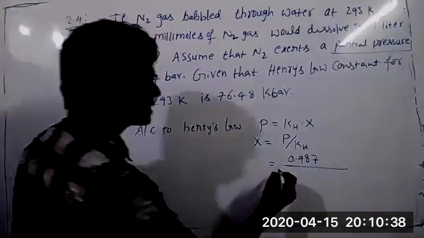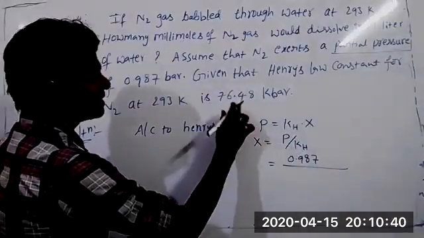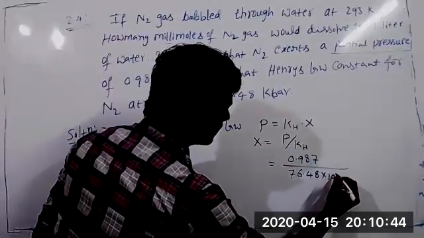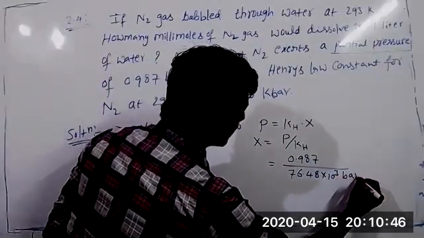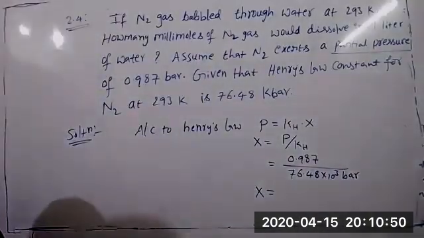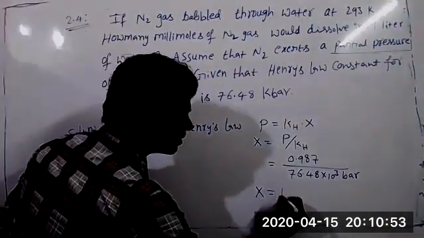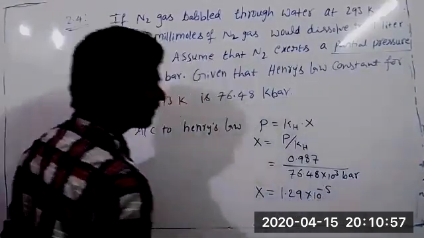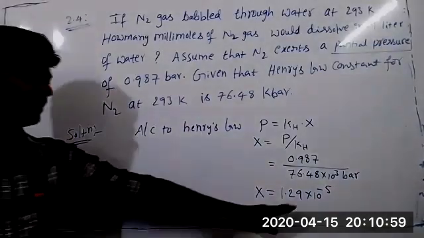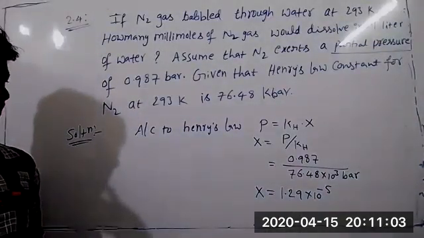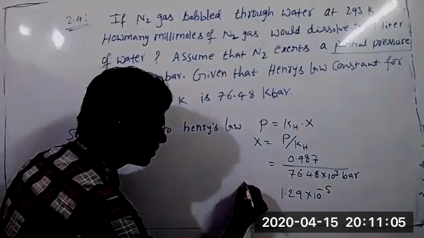So X is 0.987 divided by 76.48 into 10 power 3 bar, which is 1.29 into 10 power minus 5. No doubt till here? This is the mole fraction of nitrogen.